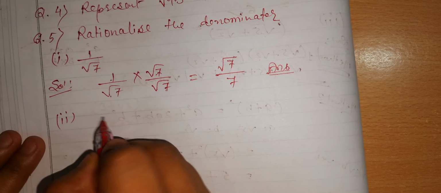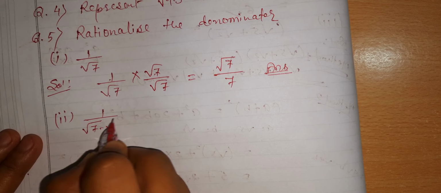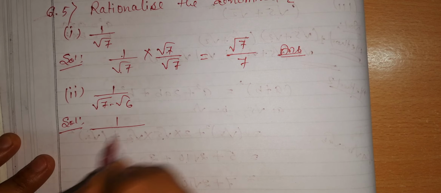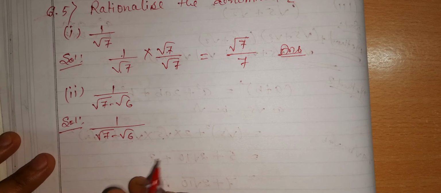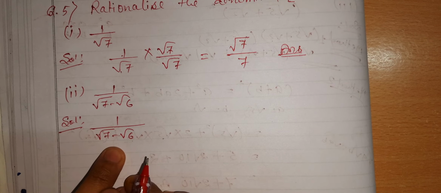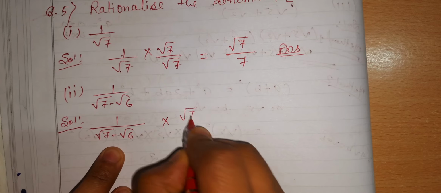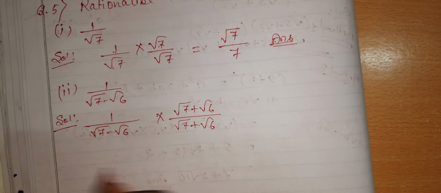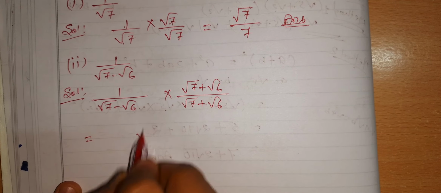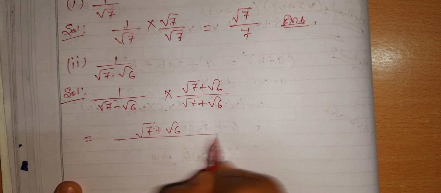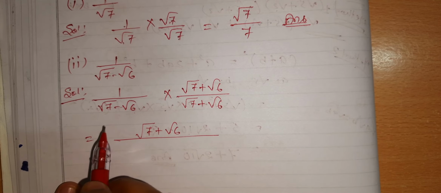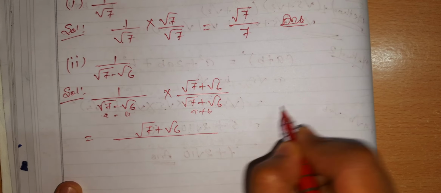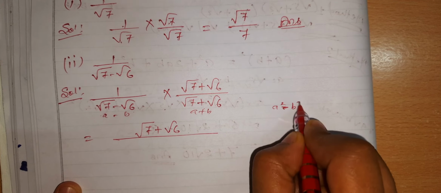Now the second one is 1 by root 7 minus root 6. How to rationalize this number? So here in the denominator we have root 7 minus root 6. So we'll multiply by root 7 plus root 6 and also divide by root 7 plus root 6. Now numerator multiply by numerator. So root 7 plus root 6. In the denominator we will use the identity a minus b, a plus b, which is equal to a square minus b square.